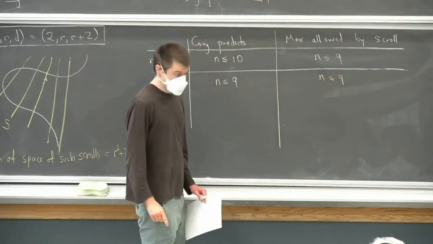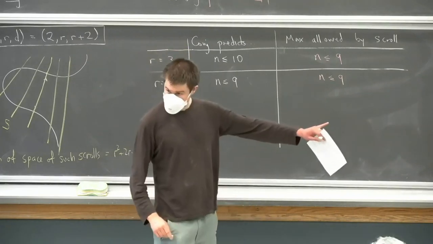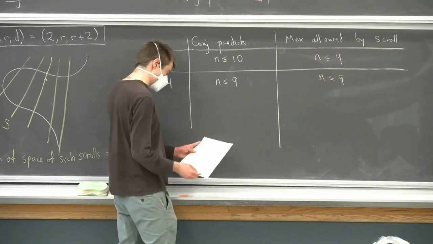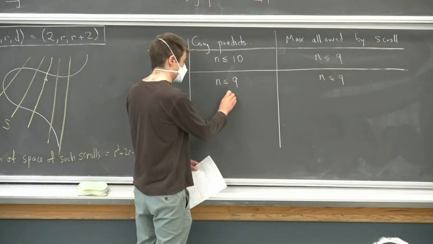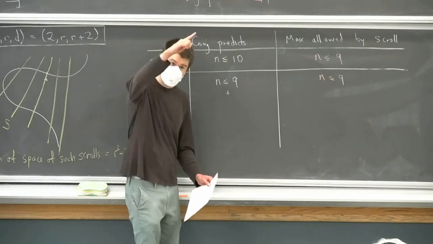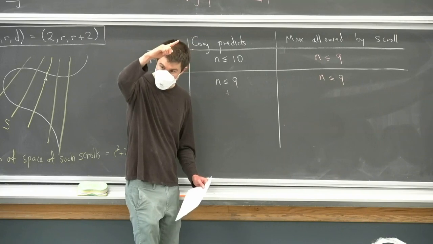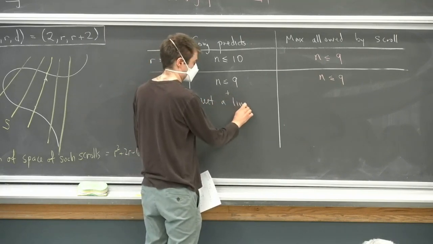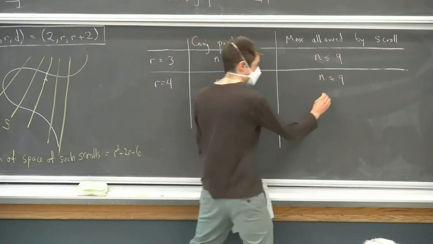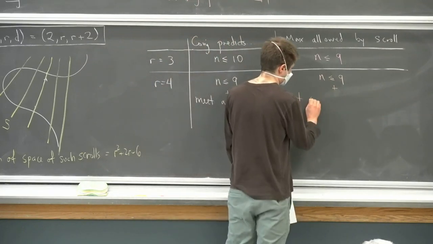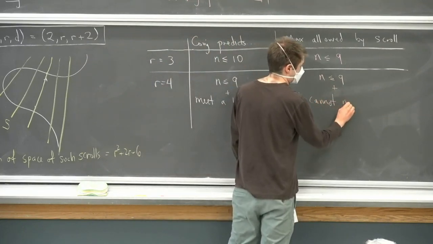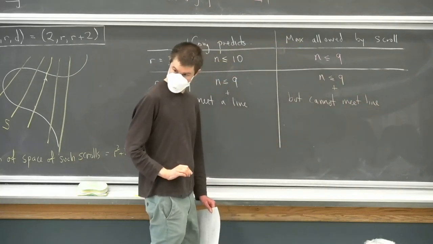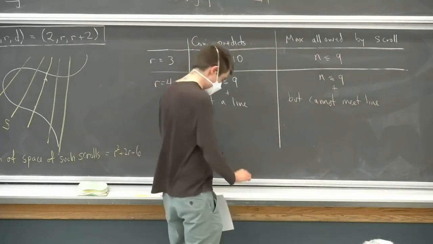So it looks okay. But conjecture 1 plus epsilon should predict that you can pass through 9 points and meet a line. And here you cannot meet a line. You do not have enough dimensions for the scroll.